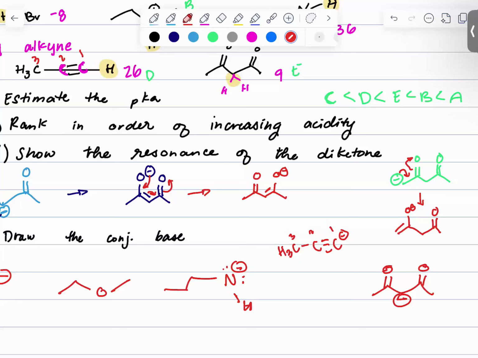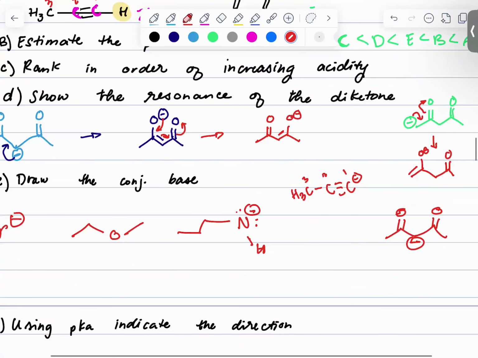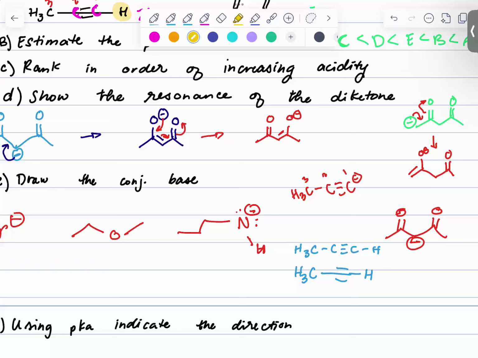Would any resonant form for the diketone count? Yes. So with the R alkyne, this is our original structure, right? That's what's written on the exam. To help make it more clear, we can draw it like this, where we indicated that this is the acidic proton.